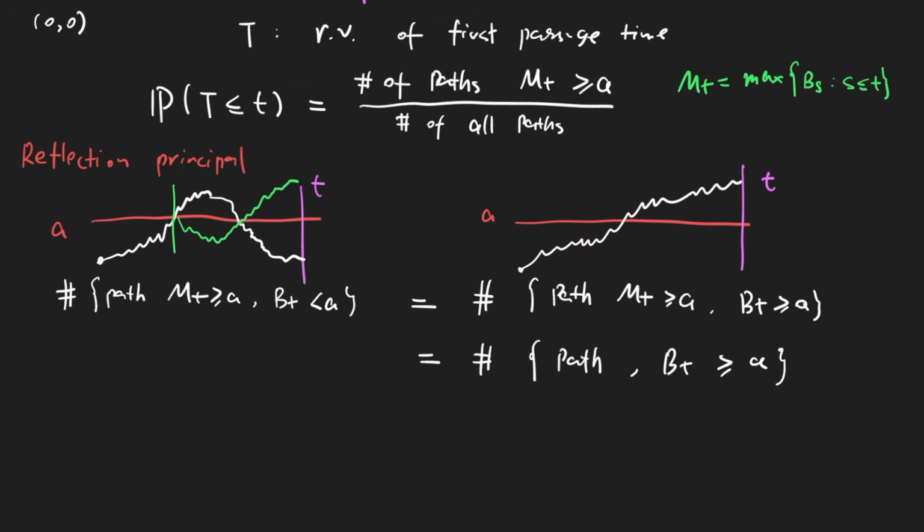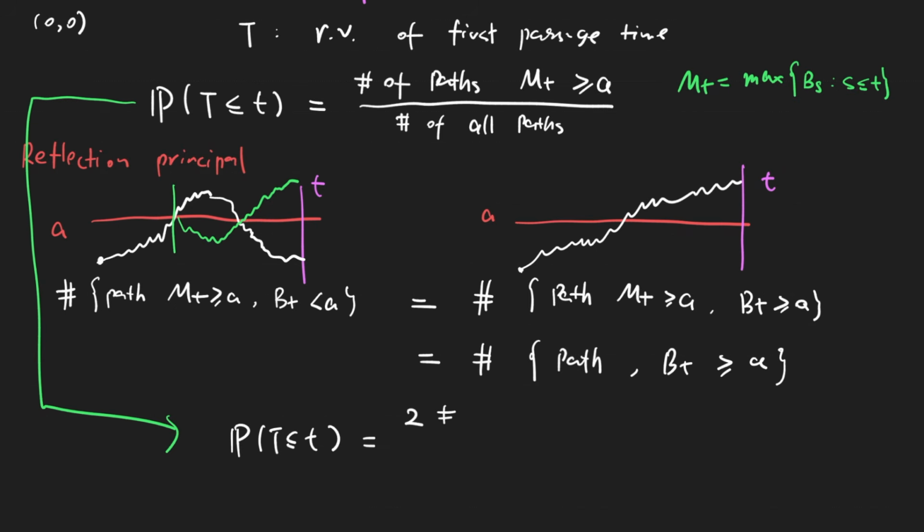Okay, so from the reflection principle, we can basically write the probability of the first passage time equals 2 times the number of paths with value BT greater or equal to A over the number of all paths.